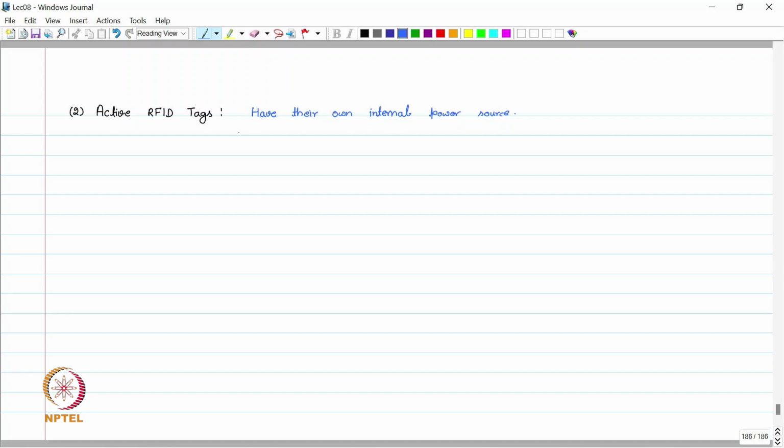And this source is typically in the form of a replaceable battery. So it can have a replaceable battery.